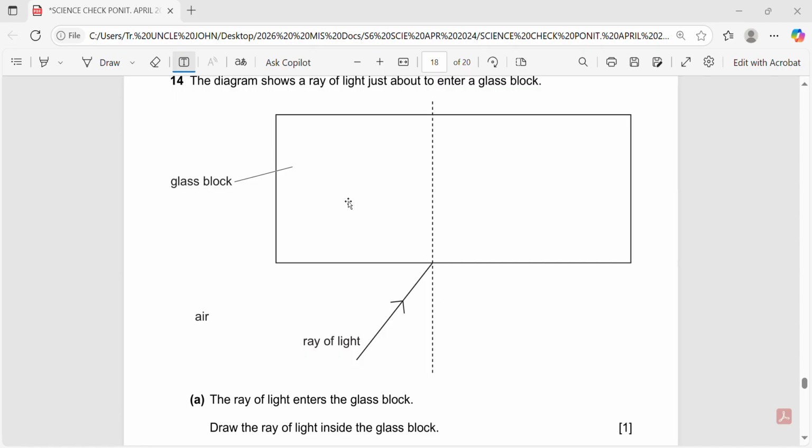Number 2, you have to make sure that this angle here is the same angle as this.